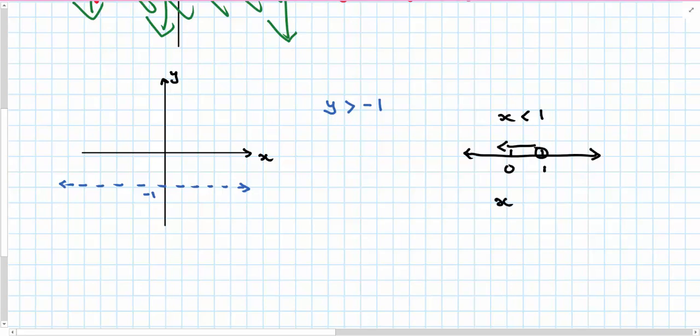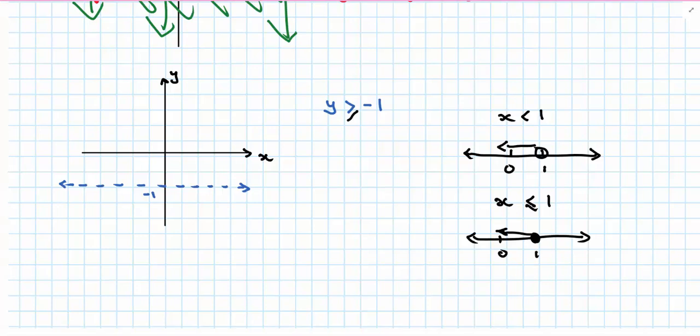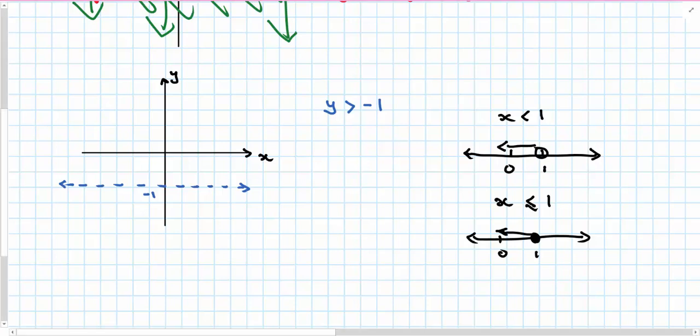If x is less than or equal to 1, then we color in the circle, we have a closed circle. It's the same case here. If I had greater than or equal to, I would draw a full line. But in this case, it has to be greater than -1. That means the -1 line, this line here, is a boundary, but it's not actually part of the solution.